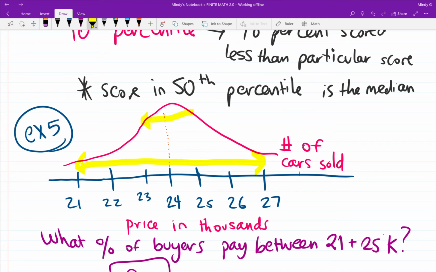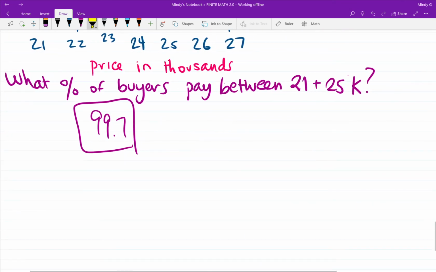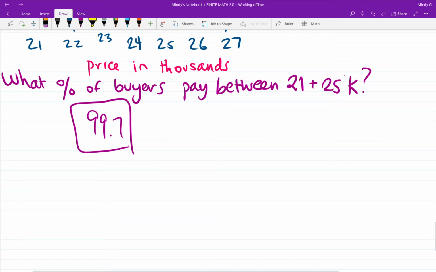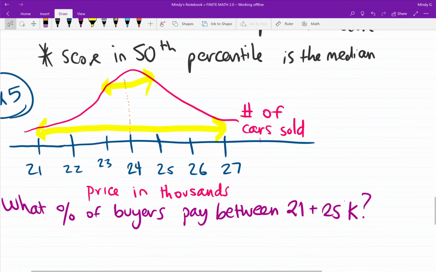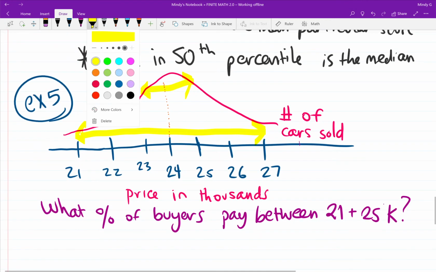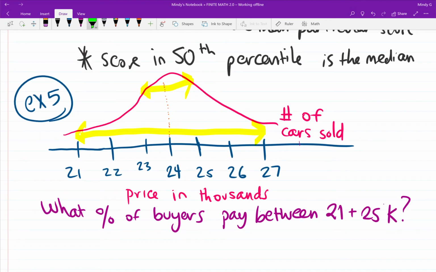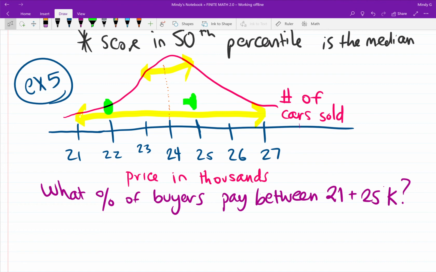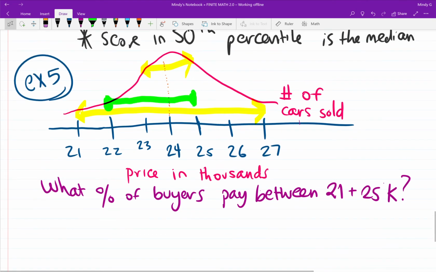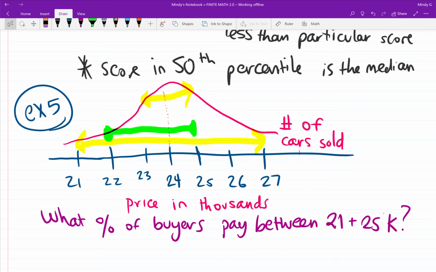You with me? Half of it's going to be on this side, and half of it's going to be on this side. 99.7 divided by 2 is what? 49.85. So let's erase this 99.7 and look at 49.85 and 49.85.